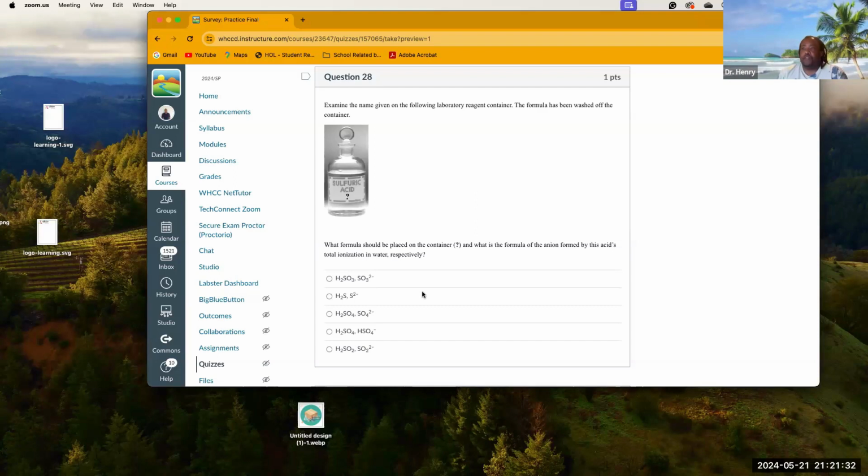Examine the name given on the following laboratory reagent container. The formula has been washed off the container. What formula should be placed on the container? And what is the formula of the anion formed by this acid's total ionization in water, respectively?